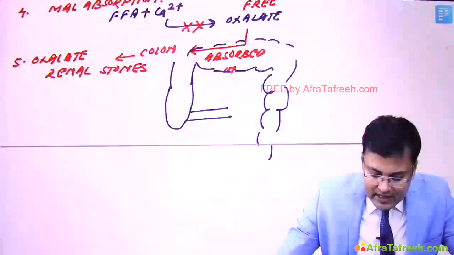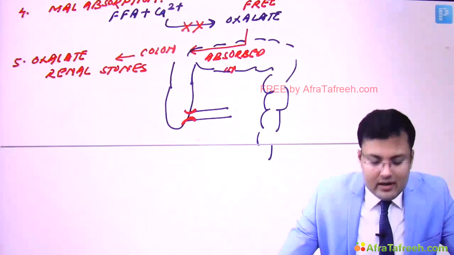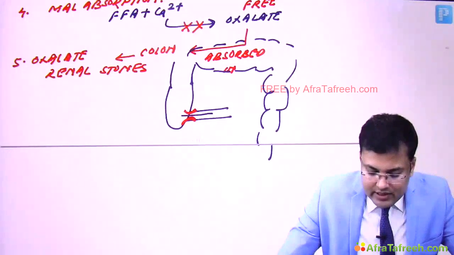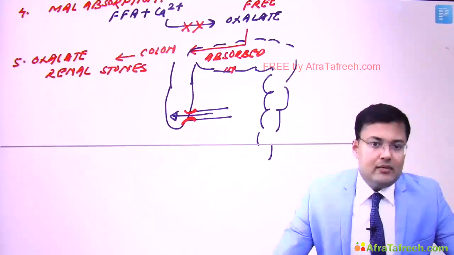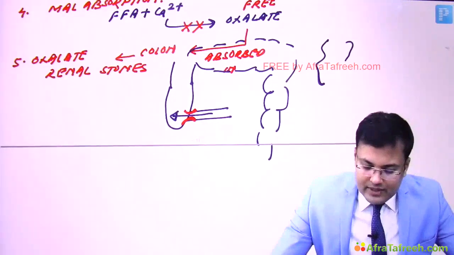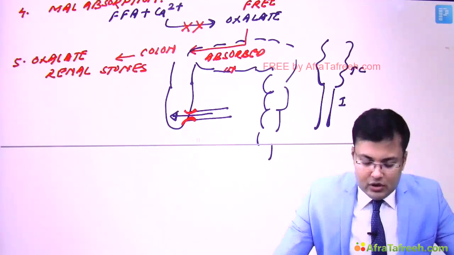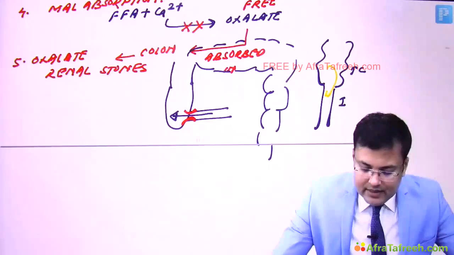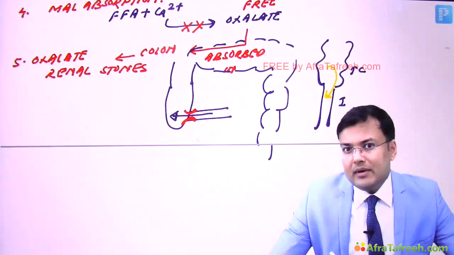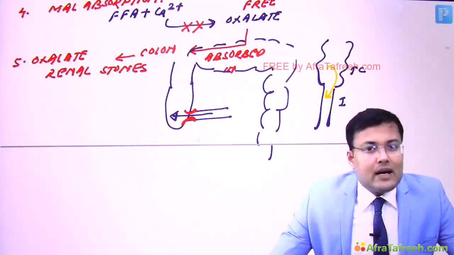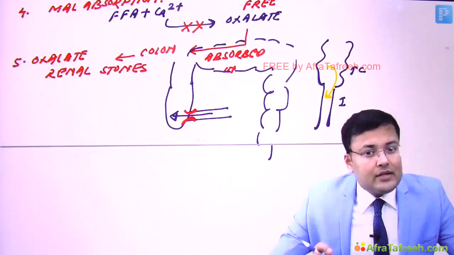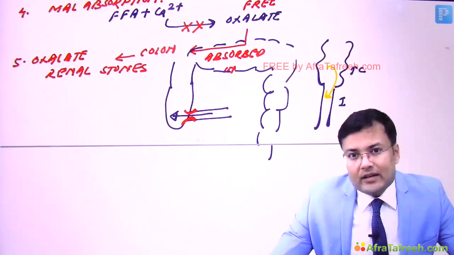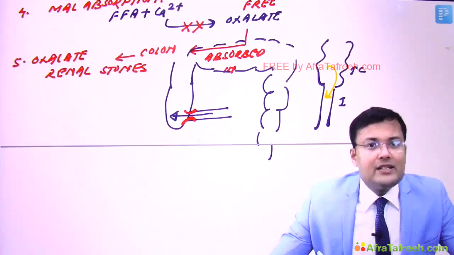You removed the IC valve. Generally it is competent, so there is unidirectional movement. That's why fecal matter doesn't go back into the ileum. But whenever I perform this kind of anastomosis, this is the ileum, this is the transverse colon, so there will be free reflux of fecal matter from the transverse colon into the ileum, and because of that there is bacterial overgrowth and this leads to diarrhea. This symptom is only seen in patients where we remove the IC valve.